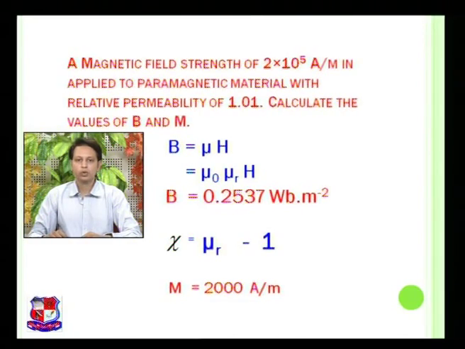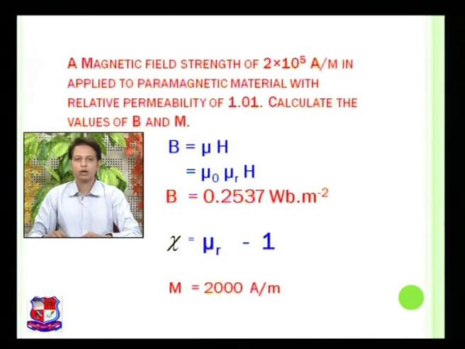Here mu represents the permeability, mu 0 represents the permeability for free space, and mu r represents the relative permeability. So B is equal to mu into H. If B is equal to mu 0 mu r into H, what does it represent?